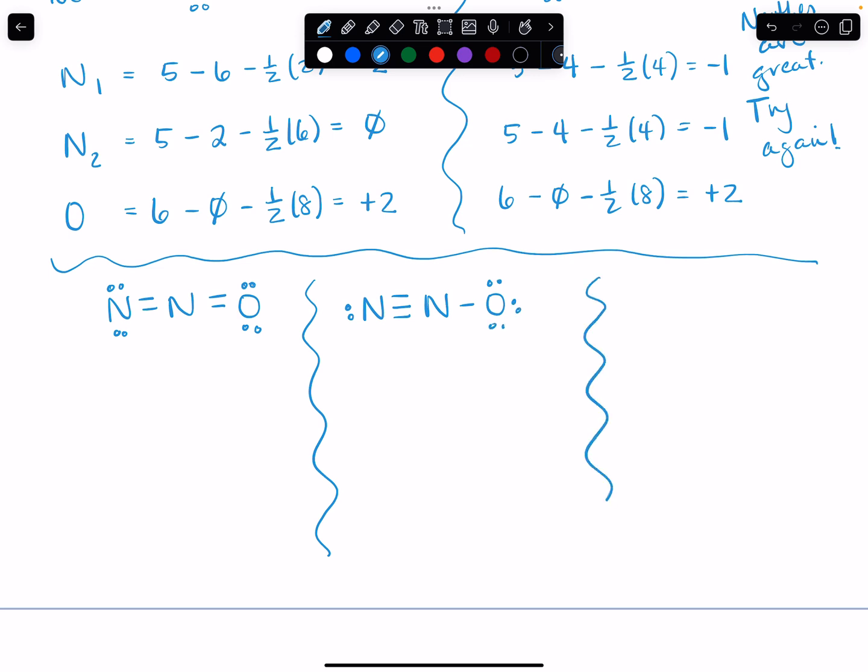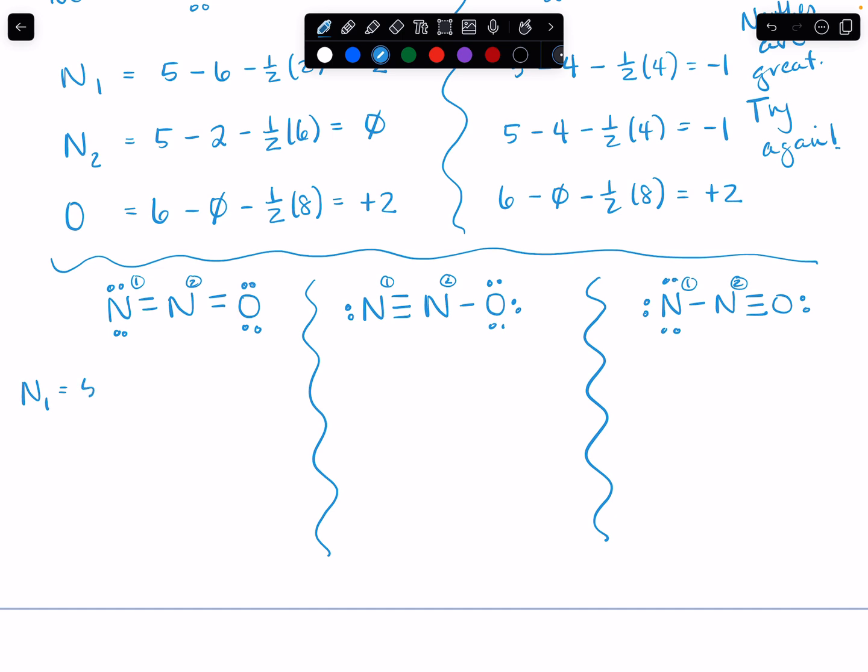So that would be a structure that's electronically okay. Nitrogen, nitrogen, oxygen. I could put the triple over here. All right, I think those are my 3 options. All right, so again, this is going to be nitrogen 1, 2, 1, 2, 1, 2. All right, so we'll do it again.